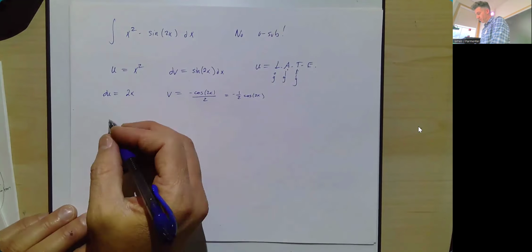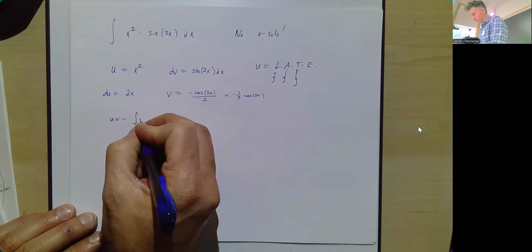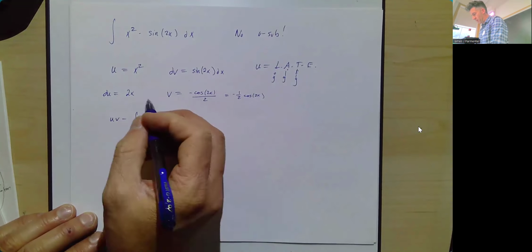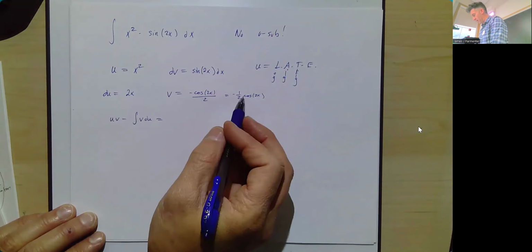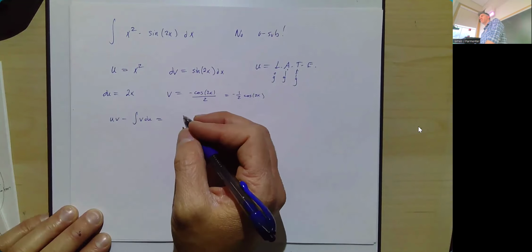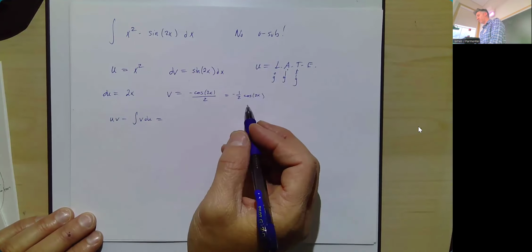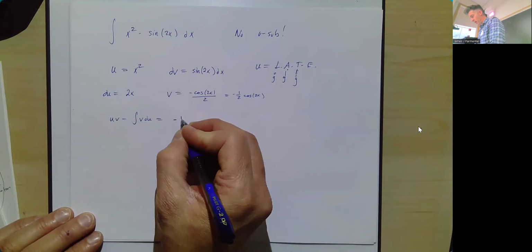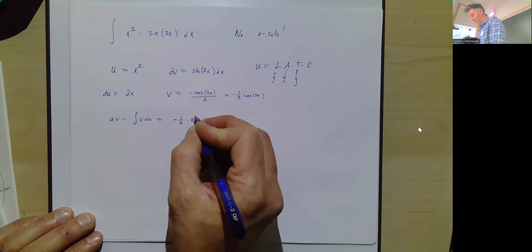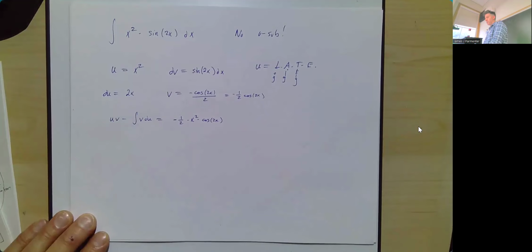Writing everything out, uv minus the integral of v du is going to be x squared times negative 1/2 cosine of 2x. I would try to be a little bit forward looking here. Instead of writing x squared times negative 1/2 cosine of 2x, let's write negative 1/2 times x squared times cosine of 2x, putting that negative constant out in front so it's easier to write.